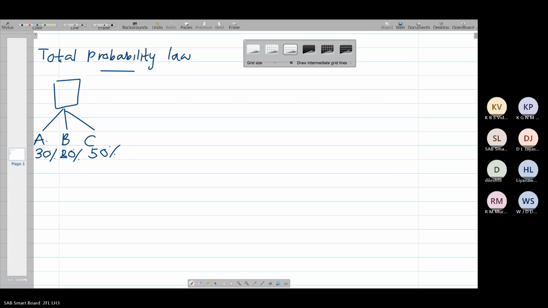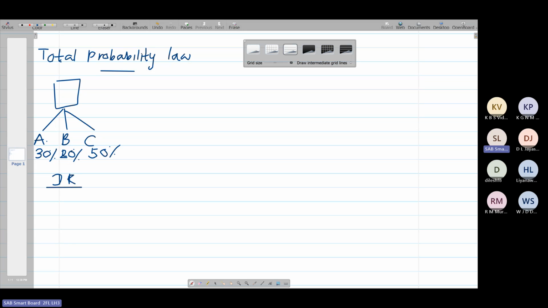Normally in the production process, after they do their production, in the final stage they check the quality. They identify whether there are some defective items or all are good. This is the production process. Finally they check the defective rate.